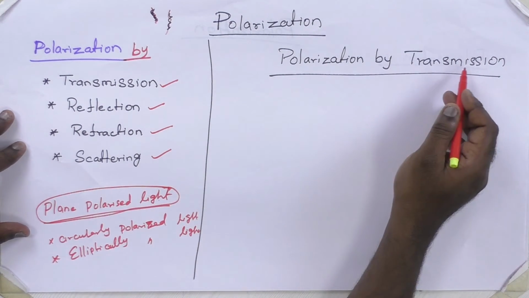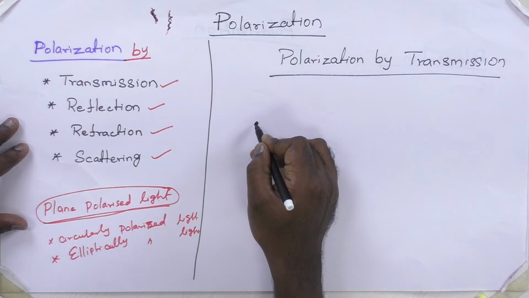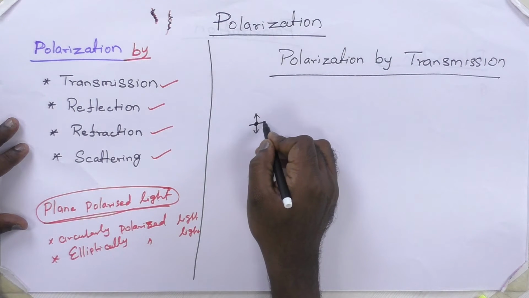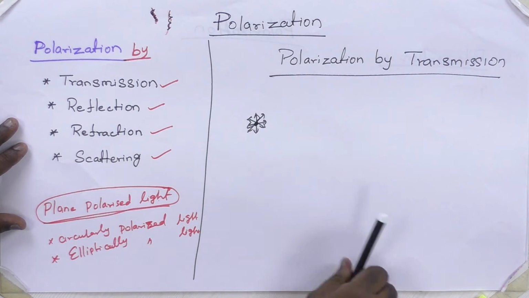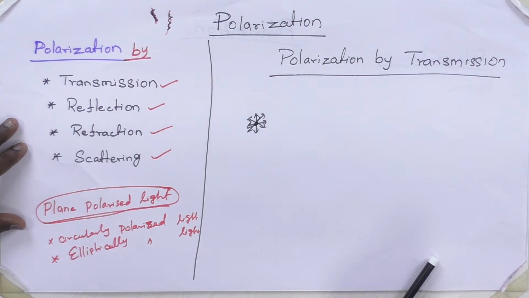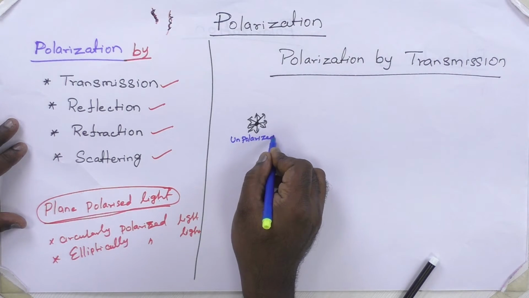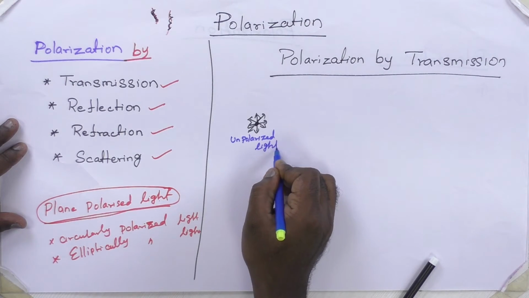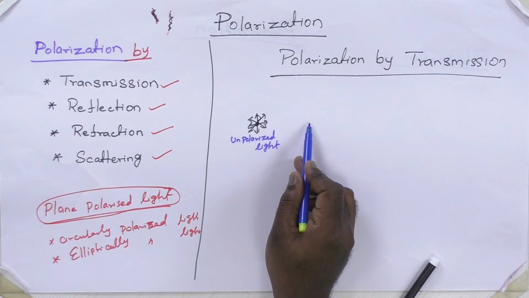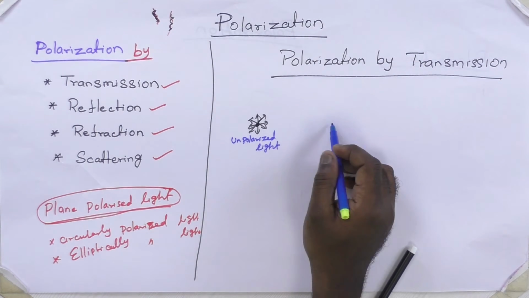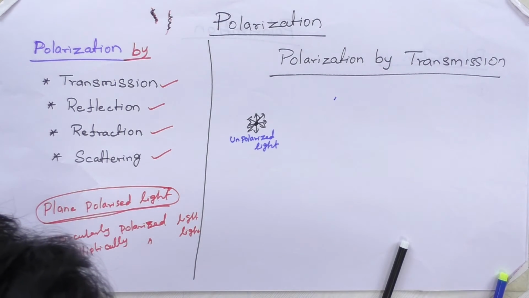So, polarization by transmission. In general, unpolarized light is represented graphically like this. This can be converted into plane polarized light by transmitting it through certain crystals, for example a quartz crystal.